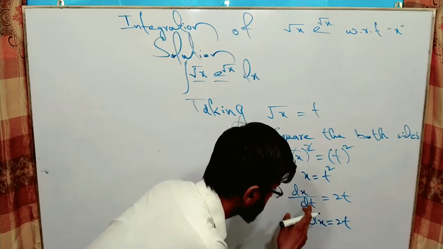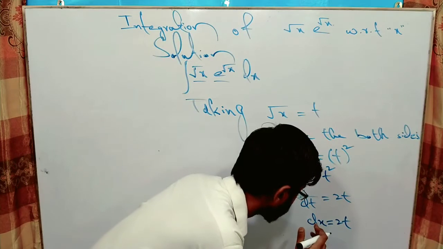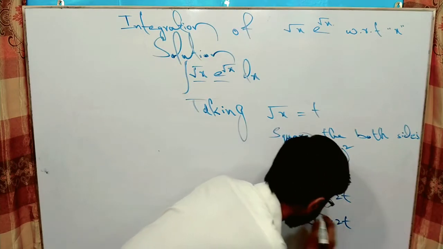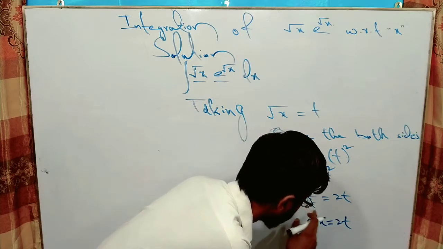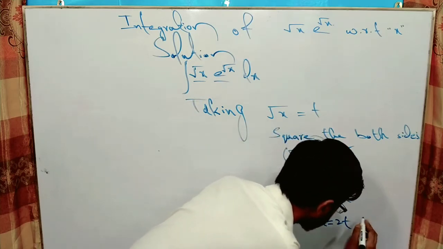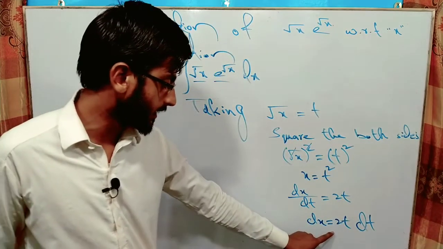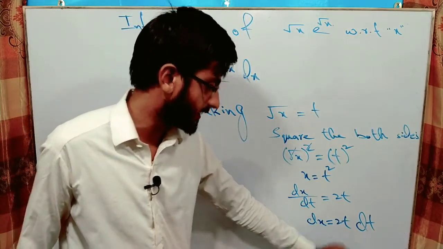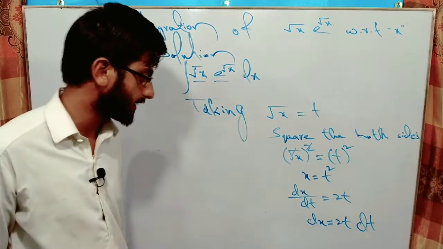Here dt is in the denominator, so we interchange its place, and dx is equal to 2t dt. Meaning to say that dx is equal to 2t dt.